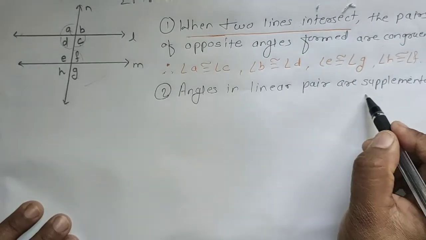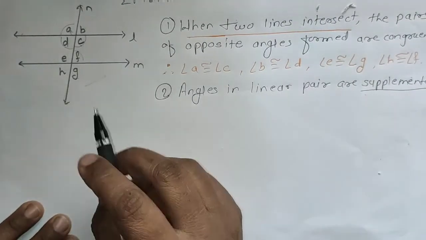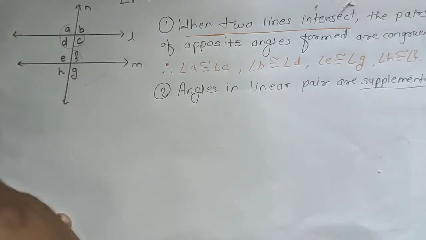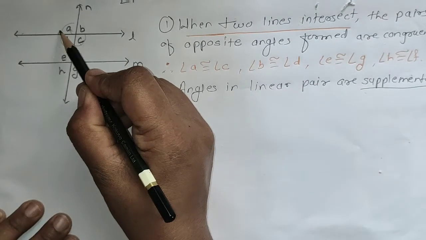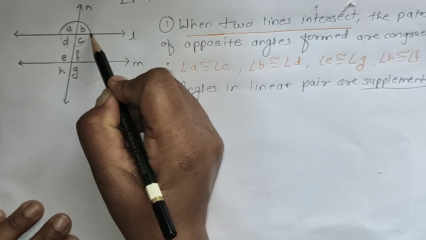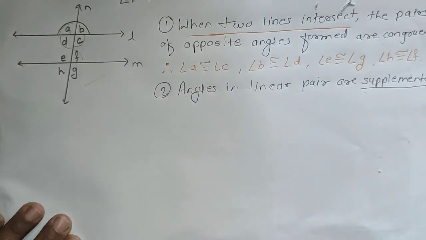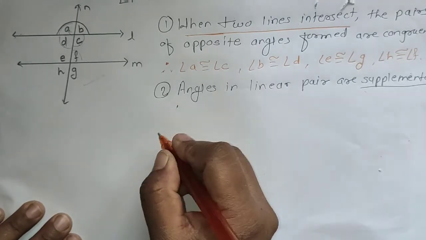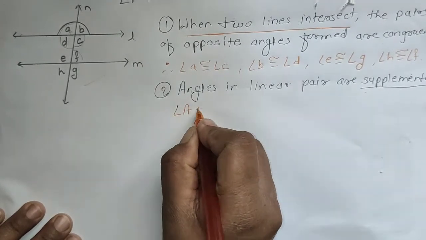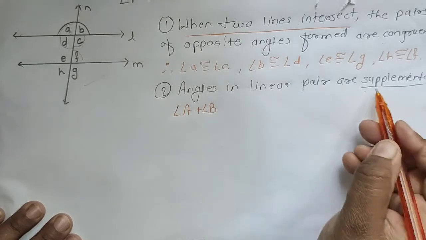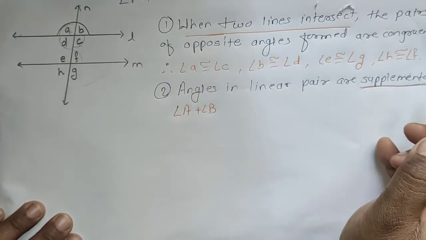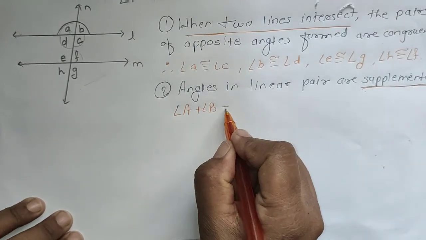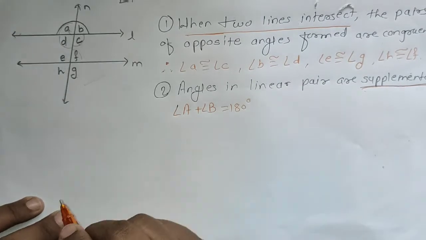What is the meaning of the word supplementary? Supplementary means the sum of the angles is 180. Suppose you add angle A plus angle B. Angle A plus angle B are supplementary. The meaning of the word supplementary is that its sum is 180 degrees.